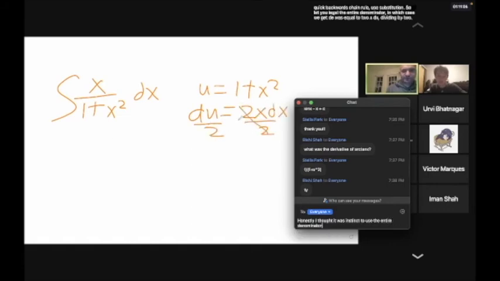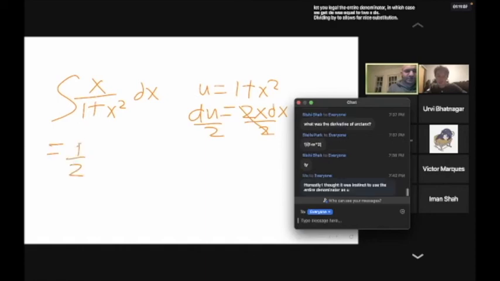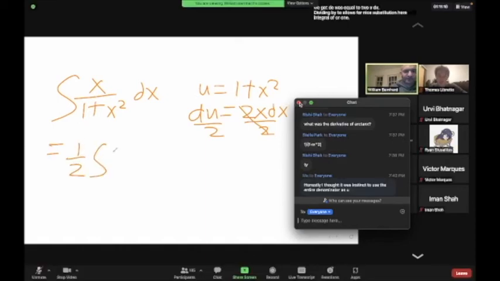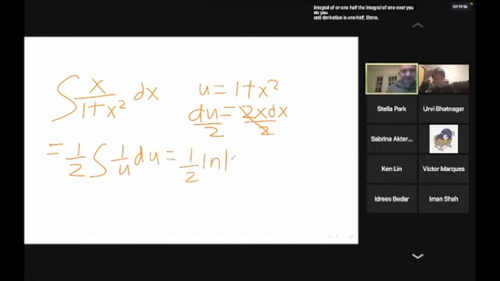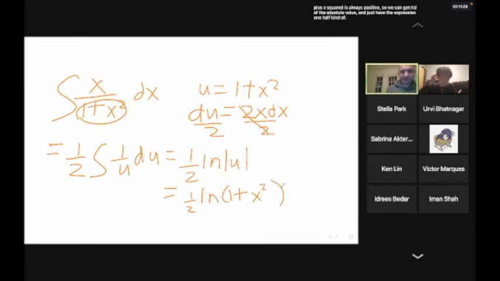Dividing by 2 allows for a nice substitution: 1/2 the integral of 1 over u du. The antiderivative is 1/2 ln of the absolute value of u, but the absolute value can be dropped because 1 plus x squared is always positive, so we have 1/2 ln of 1 plus x squared.